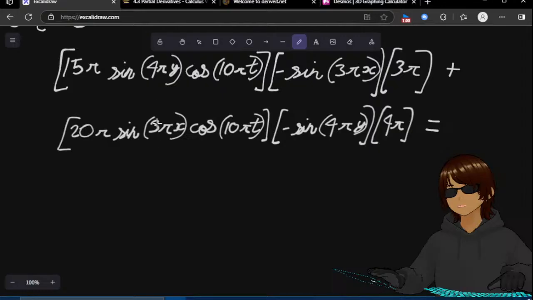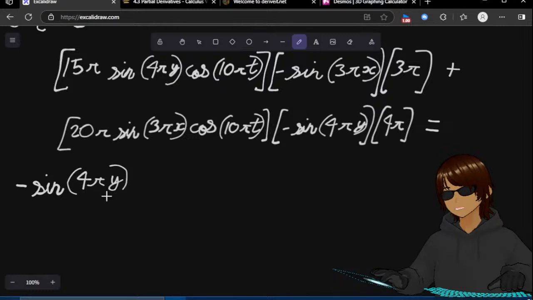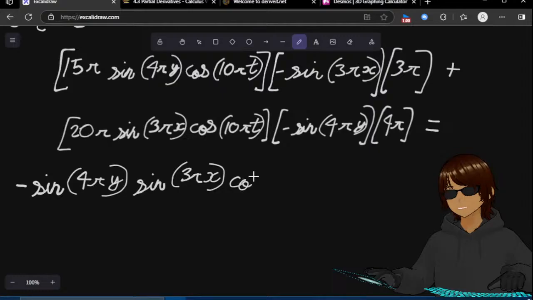Let's see the common terms. Sine 4 pi y. Yeah, this is common. Okay, we have sine 4 pi y, sine 3 pi x, cos 10 pi t.